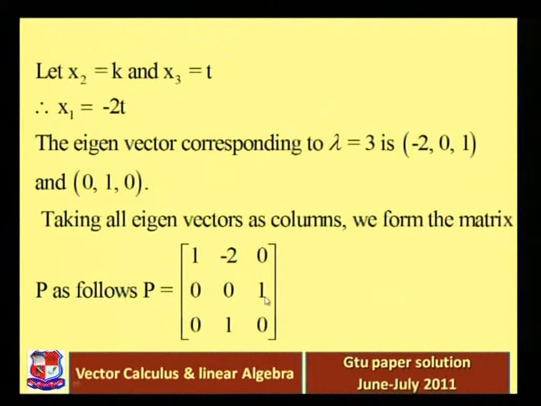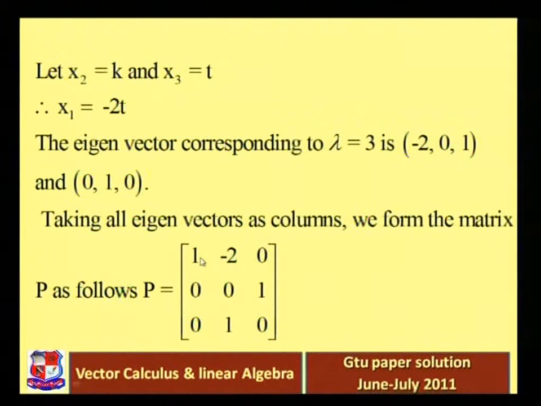Now also we want to find P inverse AP. So basically we have to find the inverse of this matrix, right? Then P inverse AP, a multiplication of three matrices. But directly also you can write P inverse AP, because P inverse AP is a diagonal matrix.